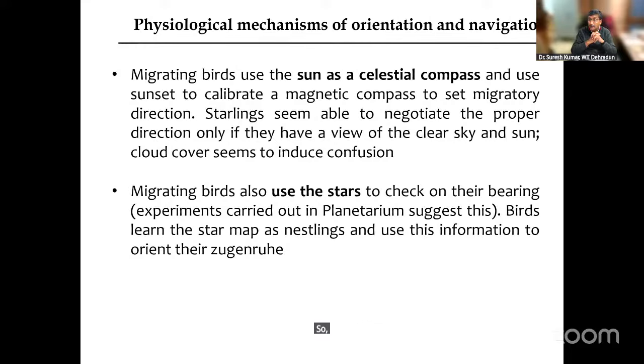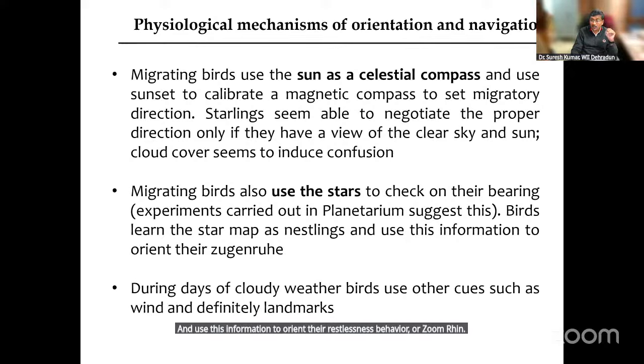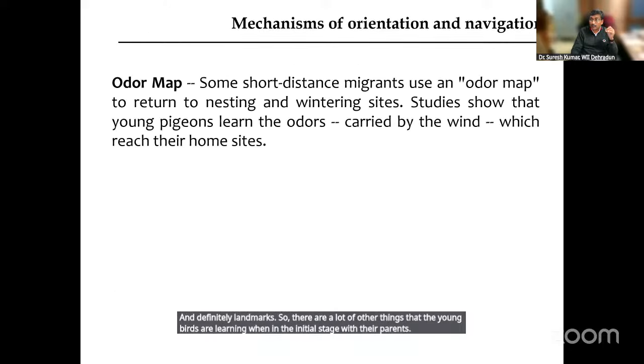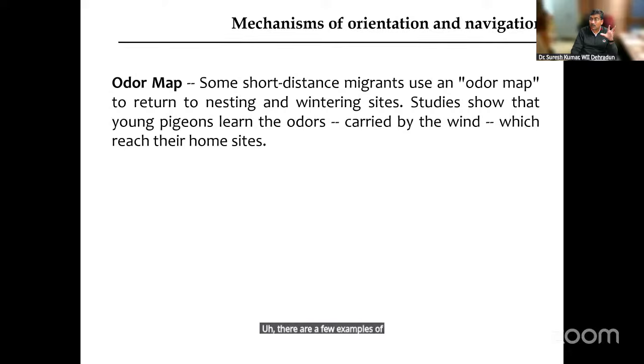It is also known that birds learn the star map as nestlings and use this information to orient their restlessness behavior, or Zugunruhe. During days of cloudy weather, some of these birds use cues such as wind and definitely landmarks. There are a lot of other things that the young birds are learning in the initial stage with their parents.